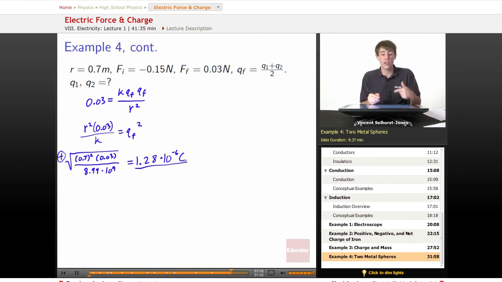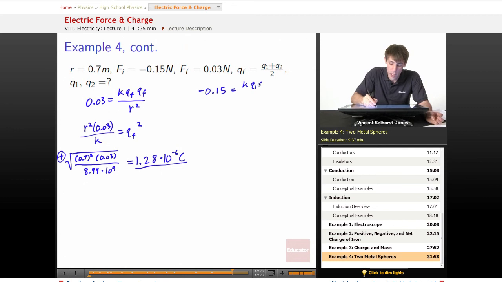Now we can use that to work to figuring out what the initial charges were. Notice, if QF equals Q1 plus Q2 over 2, then we can solve for Q2 to plug it in. Let's look first at our initial force: negative 0.15 equals K Q1 Q2 over R squared.